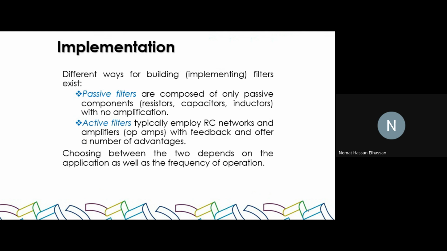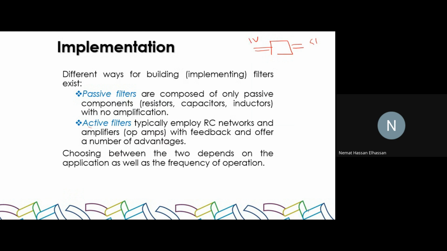Resistor, capacitor, inductors. Okay? We'll see in a moment how we build them. But that's it. We don't use any other elements, which means that if your input signal was 1 volt, your output signal can never be more than 1 volt. It could be slightly less, but it can never exceed 1 volt, right? So it's either 1 or less.